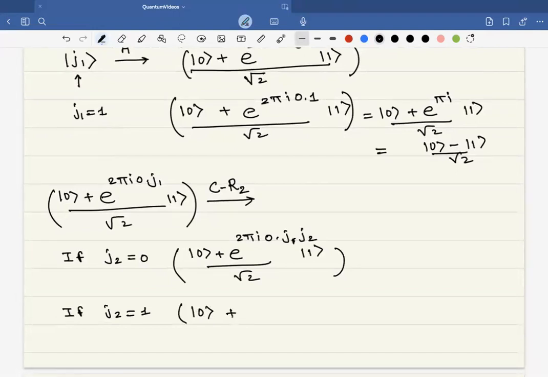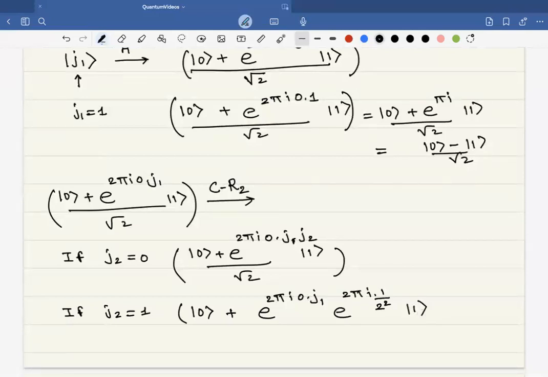And then what it does is it multiplies the ket 1 vector with e to the 2 pi I into 1 over 2 squared, right? Because k is equal to 2 and ket 1.